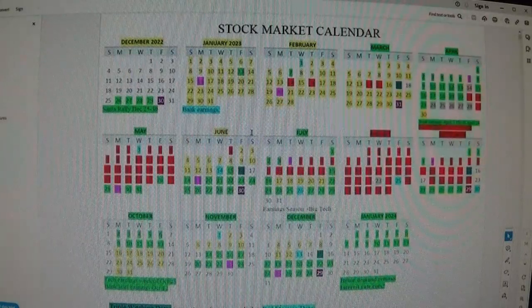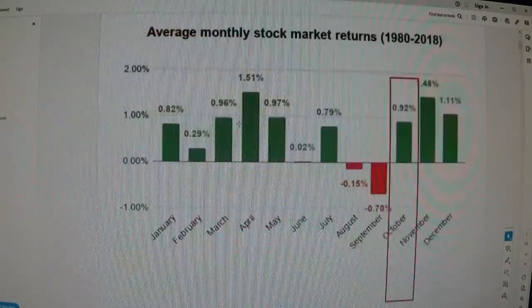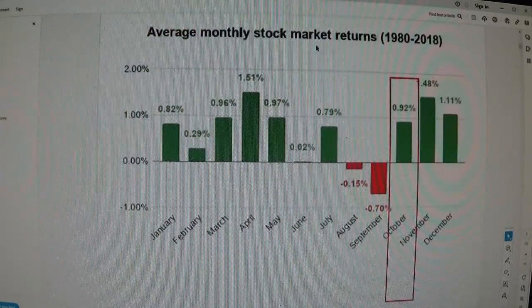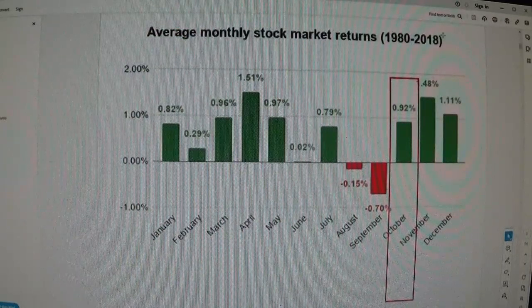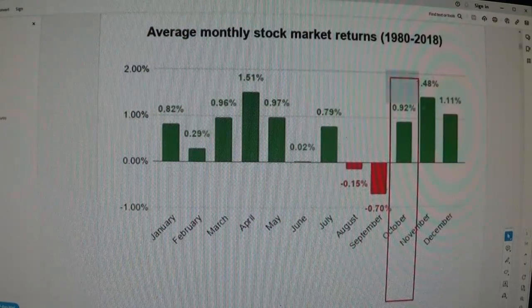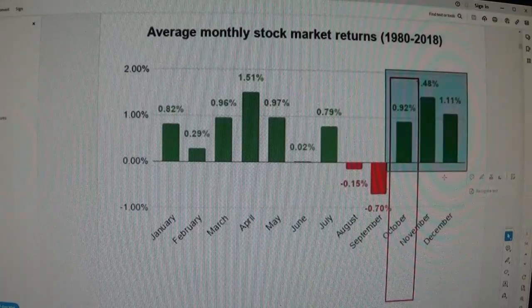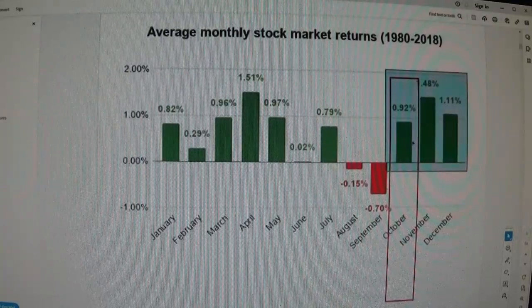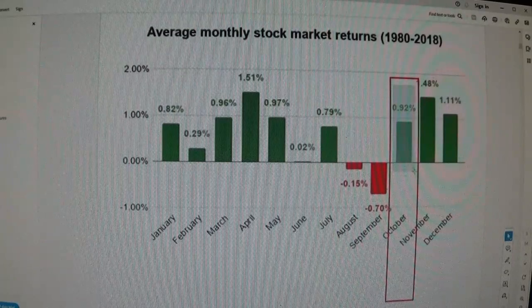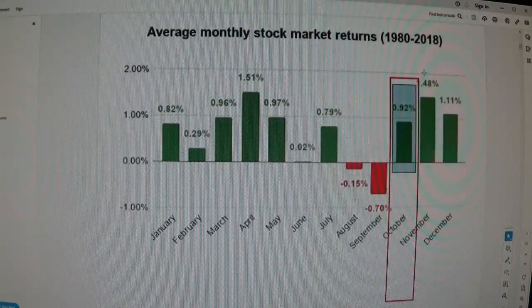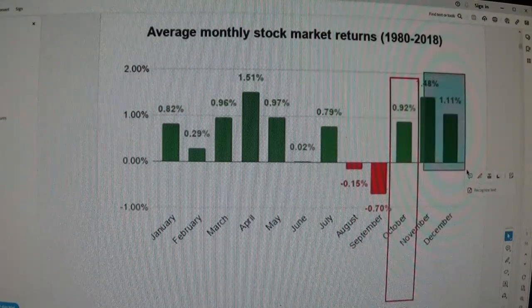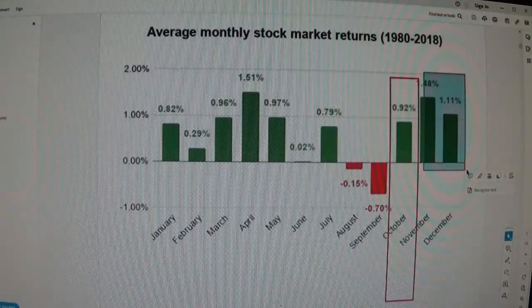But we keep track of seasonality too. Every year we map out the good months and the bad months of the stock market. You can see by the average stock market total returns that the last 3 months of the year are usually good and positive. That's because we have earnings coming out in October, and a lot of pensions and other things that need to be funded towards the end of the year.